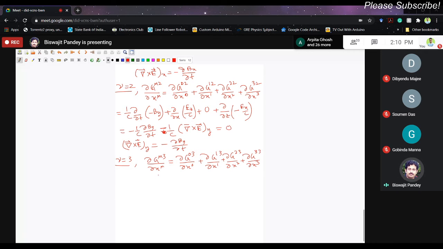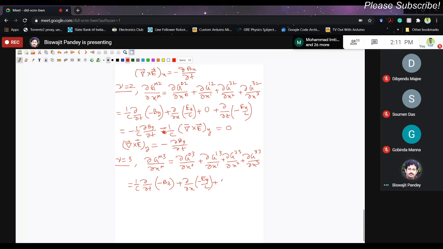What was F03? If you remember, F03 was last one minus Ez by C. So this will be 1 over C del T, and we replace that Ez by C by Bz, no sign change. So this will be minus of Bz, plus del x, x1 is x, del x, what was F13. 10, 11, 12, 13 was y component of B. So this should be minus of Ey by C, minus of Ey by C.